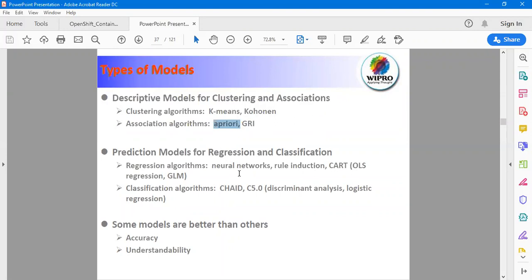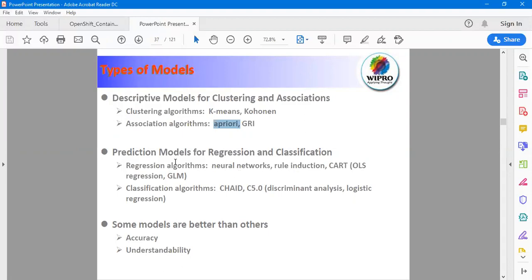You can find separate research papers on these techniques also. If you search on Google for an Apriori IEEE paper, you will get a lot of material related to Apriori: what are the advantages, what are the disadvantages, what are the comparative algorithms proposed by recent researchers in comparison to Apriori.